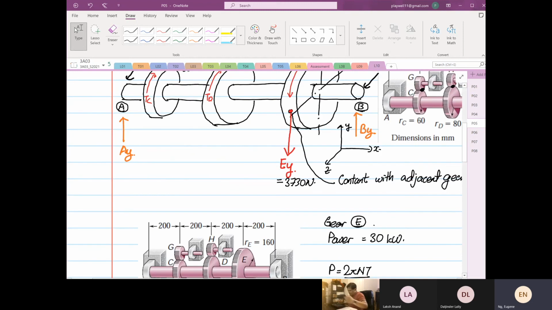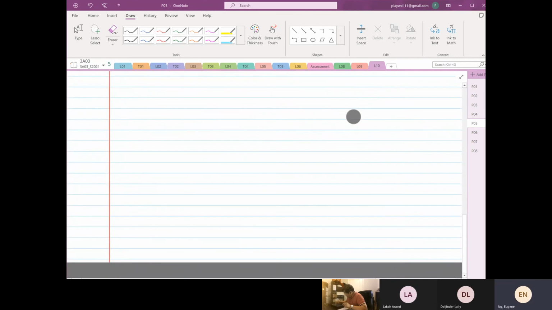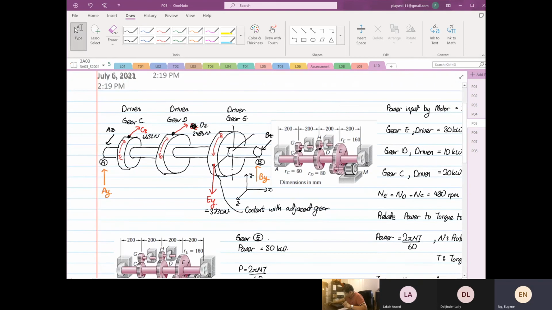So what we are going to do next is static analysis. I repeat again, we are going to do static analysis. So do I have space here? Okay, I'm going to copy this entire diagram again.